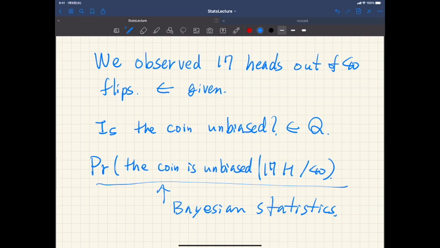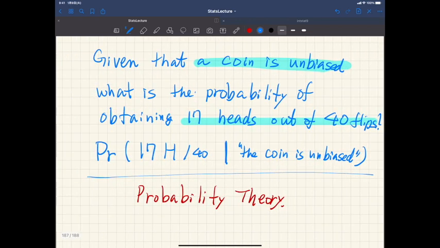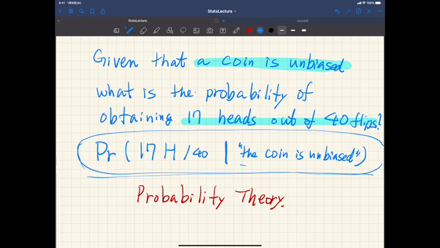What we do in the so-called frequentist approach is to calculate this probability by pretending that the coin is unbiased. We don't know for sure if the coin is really biased or unbiased, but we just assume it is unbiased, and based on that, we calculate this probability. And if this probability is very small, that means this result is unlikely to happen if the coin is unbiased.